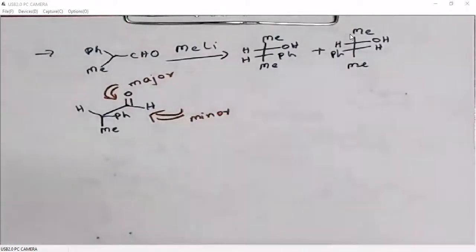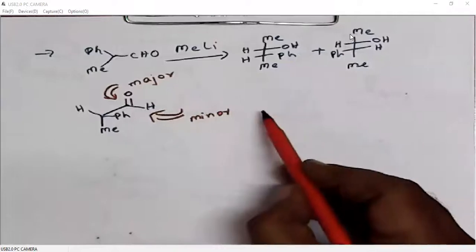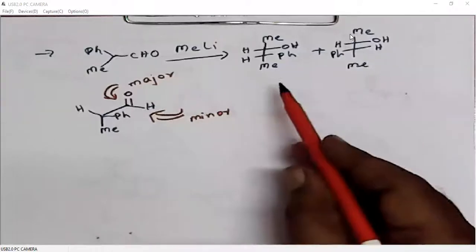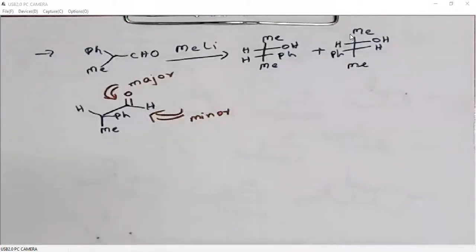Now it is important to take the product in Sawhorse projection and convert that Sawhorse projection to Fischer projection, so we can easily predict the stereochemistry here.